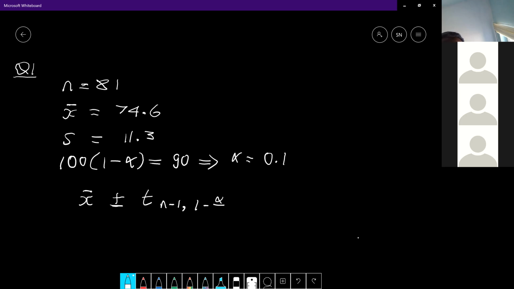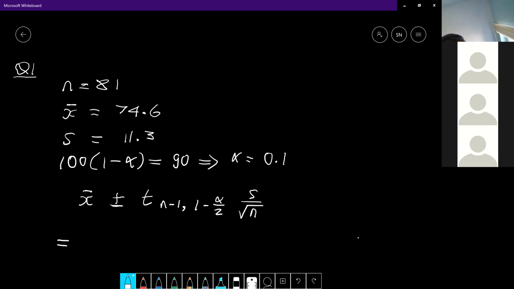Do you remember this, guys, or no? This is the formula for the confidence interval when the population variance is not known, right? You will see this in the printed notes and also in my handwritten notes from before the Easter break. Okay, so you should work this out.